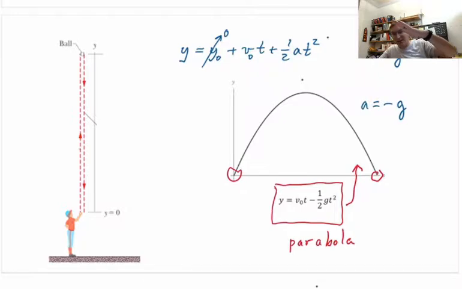So the slope is getting less, so the velocity is getting less. And when we're at the high point of this parabola, our hand is horizontal. Zero slope, so the velocity is 0. Beyond that, we're now going downward on the parabola, so our hand has a negative slope, so the velocity is negative. Okay? So that has to be the correct shape for the y-coordinate as a function of time.